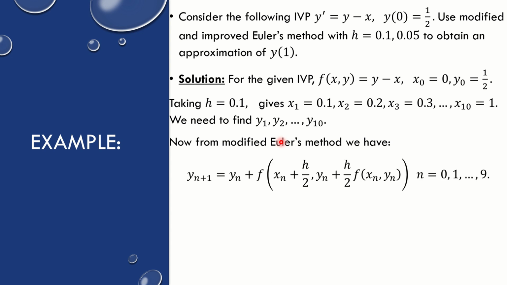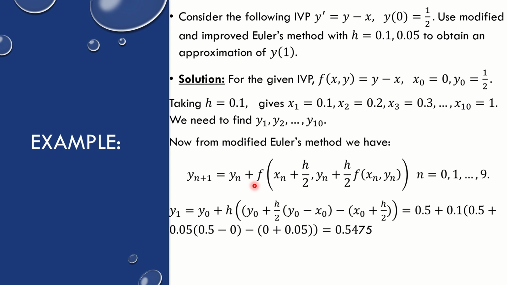That is, you see, the formula is given as yn plus 1 equals yn plus h f of xn plus h by 2, yn plus h by 2 f of xn, yn. Okay, again the h is missing here.